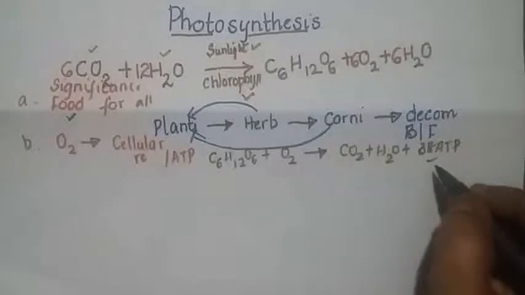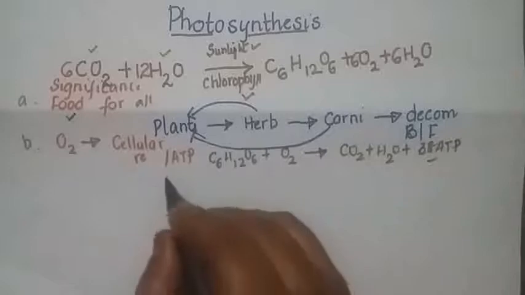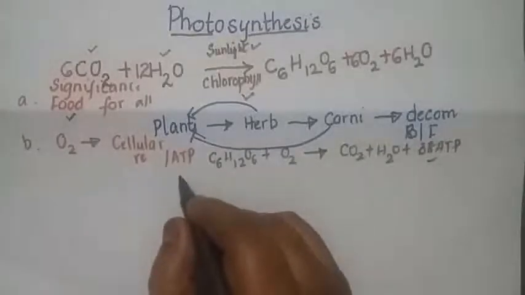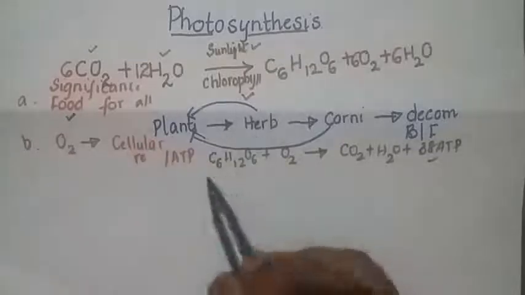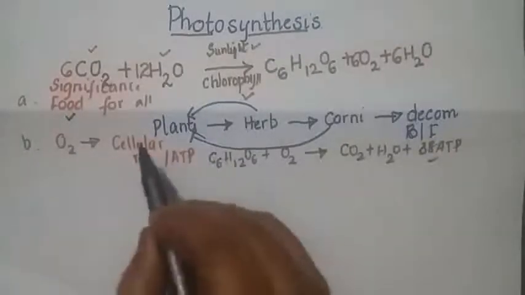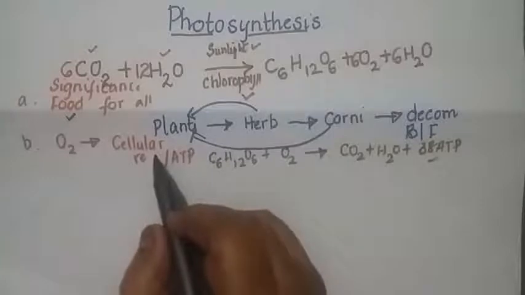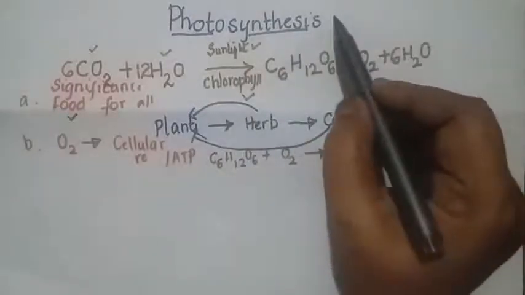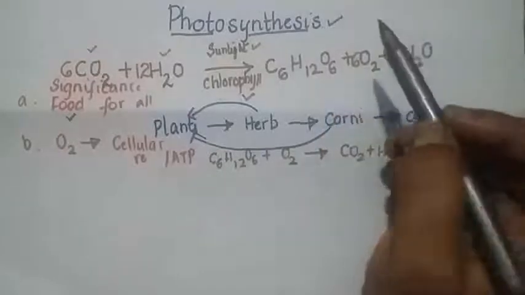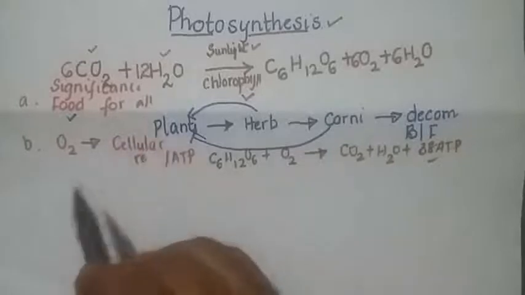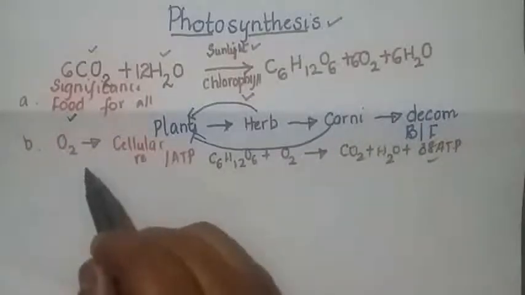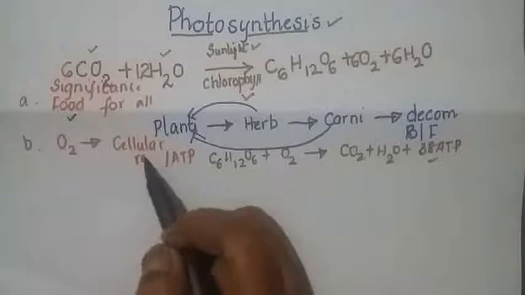Including plants themselves, this oxygen is required by all the organisms on this earth for their cellular respiration. So thus the photosynthesis process provides food to the entire living world, followed by oxygen for cellular respiration.